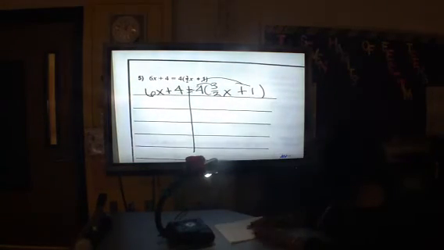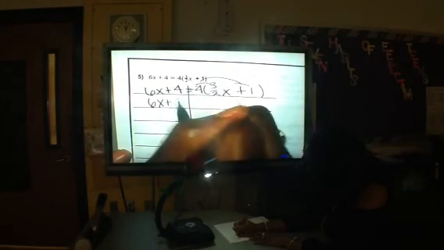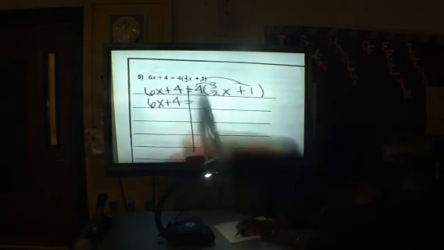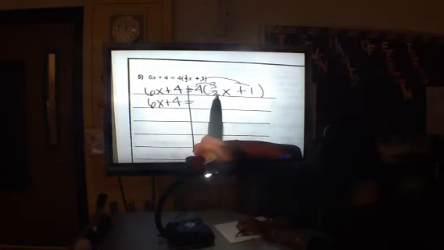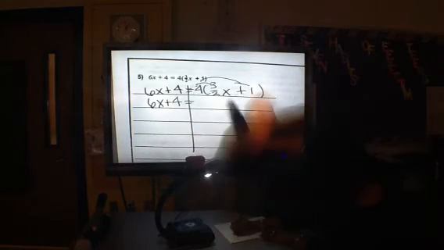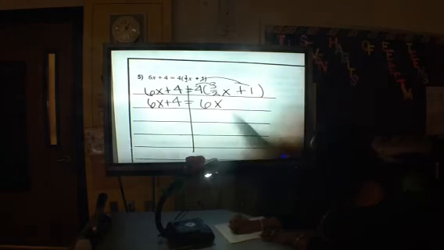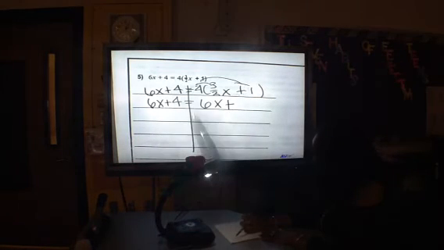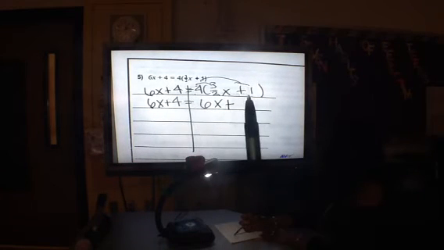So I want to rewrite this side just exactly how it is, because there's nothing to do on this side. Now, 4 times 3/2: 4 divided by 2 would give me 2, and 2 times 3 would give me 6, so this is 6x plus, and then 4 times 1 would give me 4.